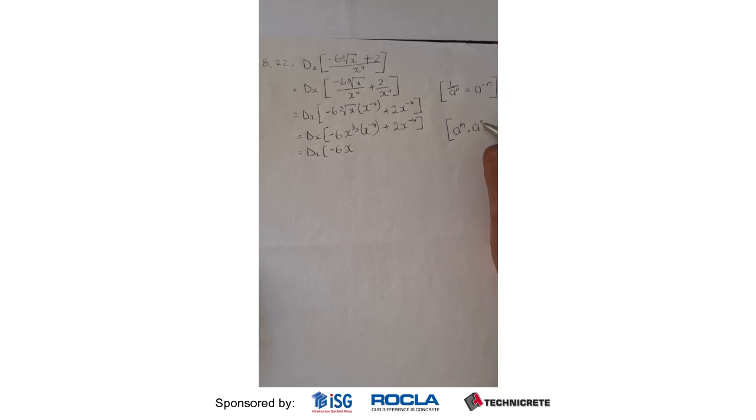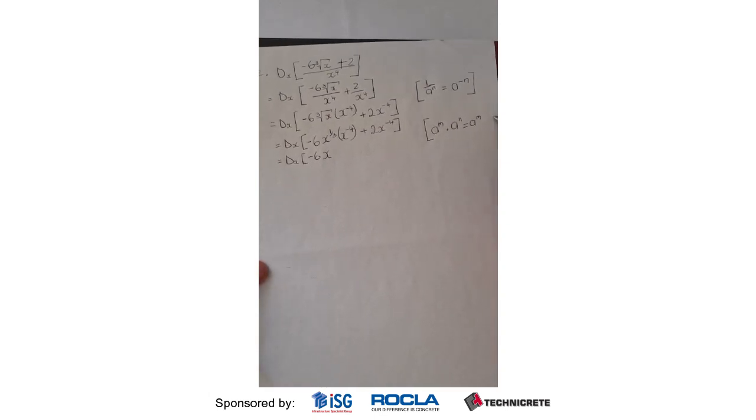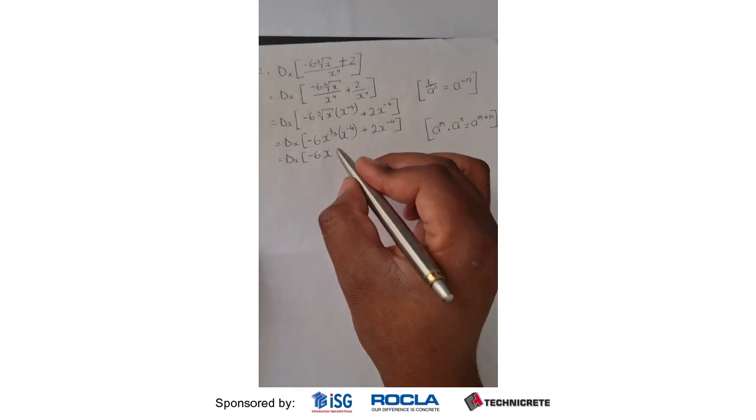When we multiply exponents that have the same base, we just say m plus n. We add the exponents. Okay, so let that be in the forefront of our mind.